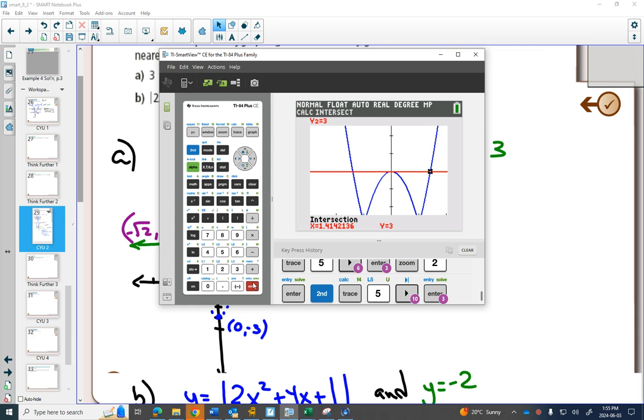What the calculator does when it tries to find a place where they intersect is it has the value for one, and the value for the other one. It checks and says one is lower than the other one. Then it checks another place, and it hopes to find one is higher than the other one. And then it says, well, if one is lower and one is higher, it's got to be in between there. And then it goes closer and closer until it finds the one that works out perfectly.